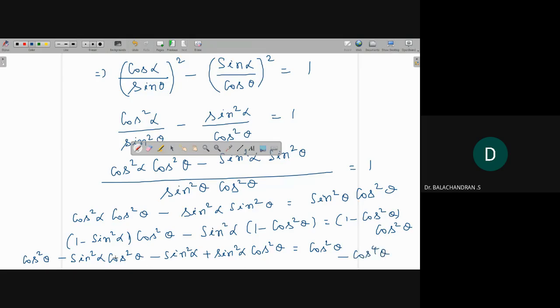I think the second term and the fourth term get cancelled, and you can cancel cos square theta and cos square theta. Remaining you have minus sin square alpha equal to minus cos power 4 theta.